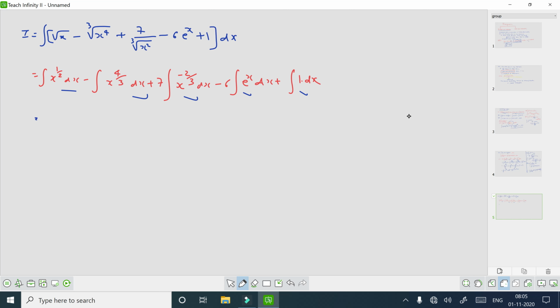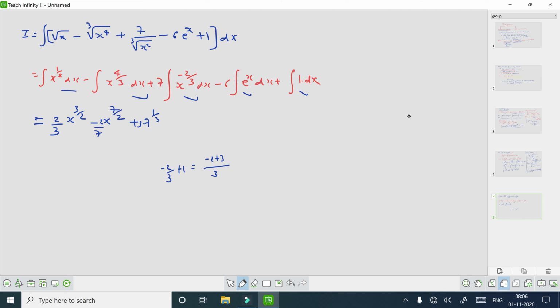Now you can write directly x raised to 3 by 2 over 3 by 2, that means into 2 by 3, minus x raised to 4 by 3 plus 1, that is x raised to 7 by 2 into 2 by 7, plus 7 x raised to minus 2 by 3 plus 1. What comes out? Minus 2 plus 3 by 3, that comes out x raised to 1 by 3 over 1 by 3.